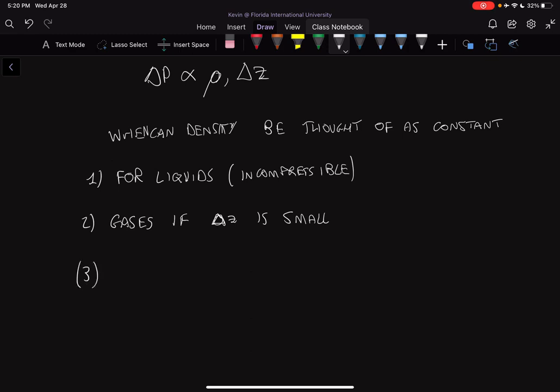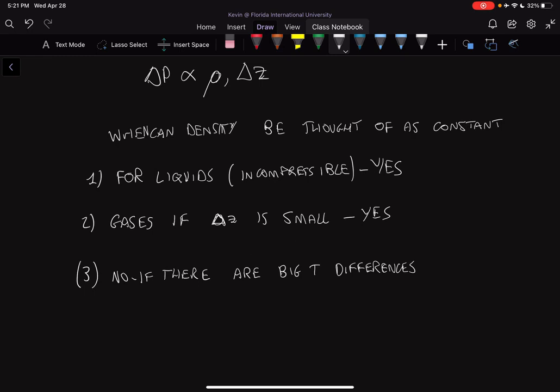And we cannot also think of density as constant if there are big temperature differences. So I'm putting no here. So this would be yes and yes. Okay, we can consider constant. And here it's no. So no if there are big temperature differences. If there's a big temperature difference between point 1 and point 2 or between time 1 and time 2, the density of the air is usually going to change a lot.